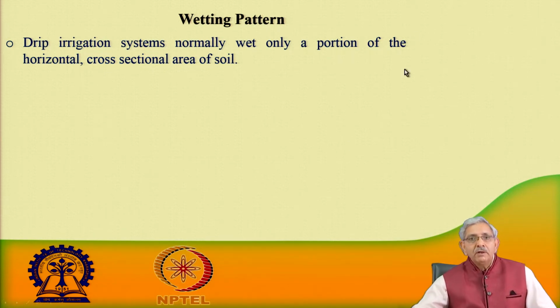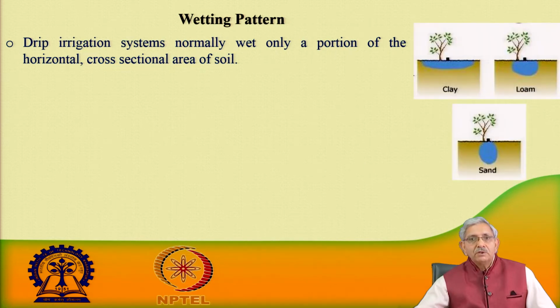It depends on whether the water will wet in the horizontal or vertical direction. You can see here that when water is given by a one-point source drip emitter, the horizontal spread of water is more than the vertical spread. This happens when water is given with the dripper in clay soil.